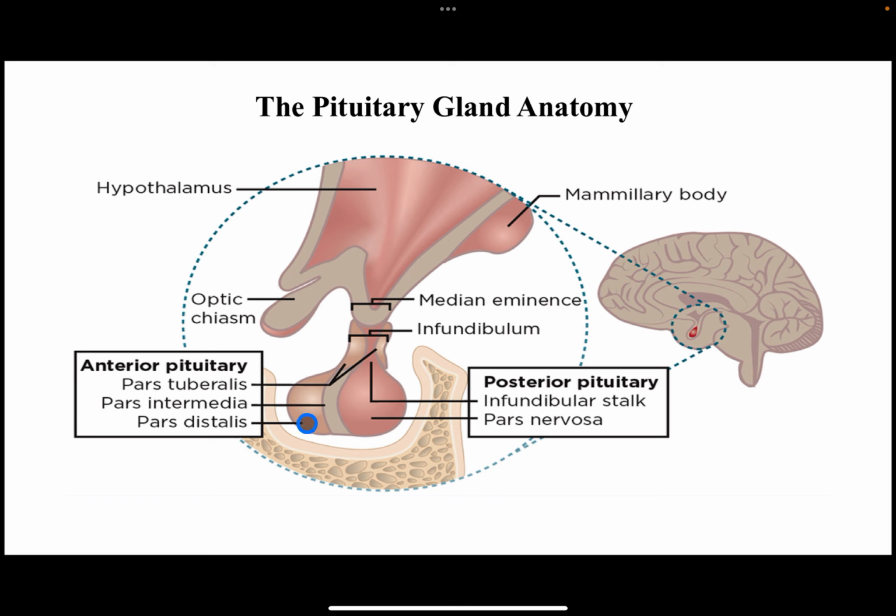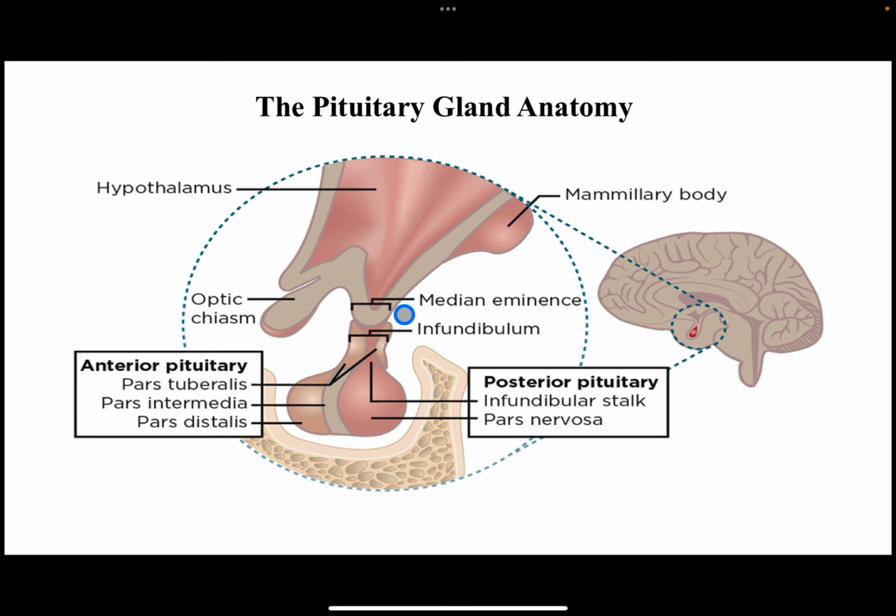Then the region between the anterior pituitary and the posterior pituitary, where there is a demarcation, we call the pars intermedia.